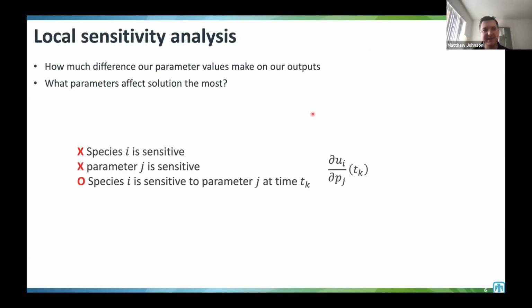Now, when we talk about sensitivity analysis, it's important to get our language right, especially because we're often very, very sloppy about how we talk about these things. Oftentimes, you'll hear people talk about a species being sensitive or a parameter being sensitive. The correct way to talk about these things is to say that some given species or state variable, like temperature, is sensitive to some given parameter at some time t.